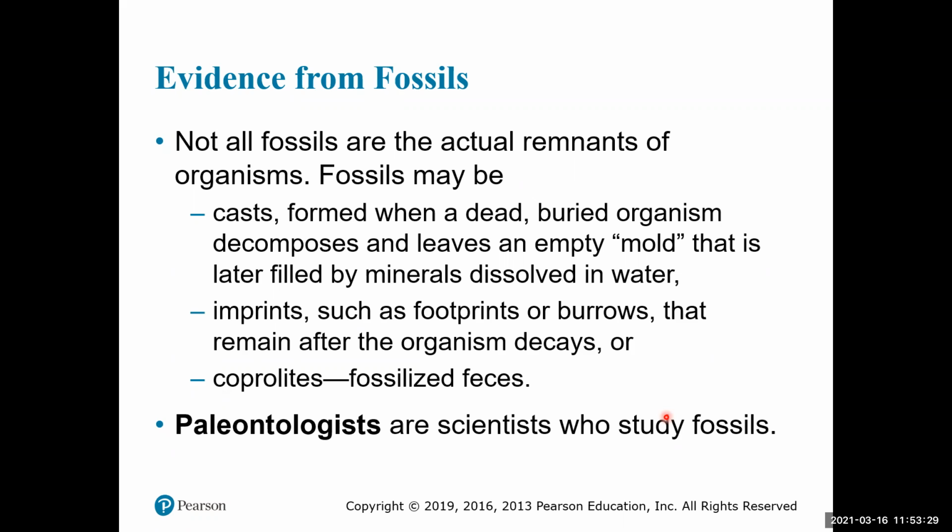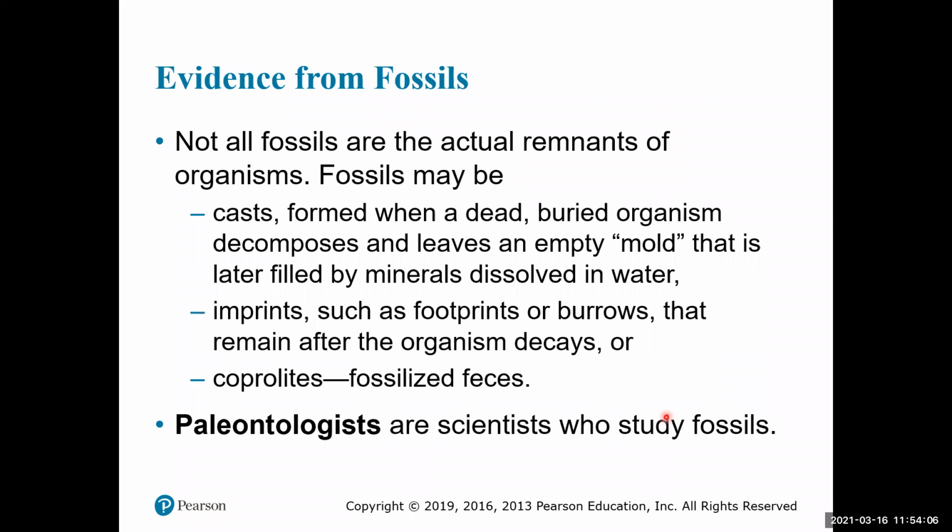You also find imprints, so footprints, which we showed in the previous slide, or burrows, that remain after those organisms decay and go away. And then also coprolites, which are fossilized feces. You also can find fossilized eggs, which is a remnant of an organism. For example, scientists have found fossilized nests, which is pretty cool.